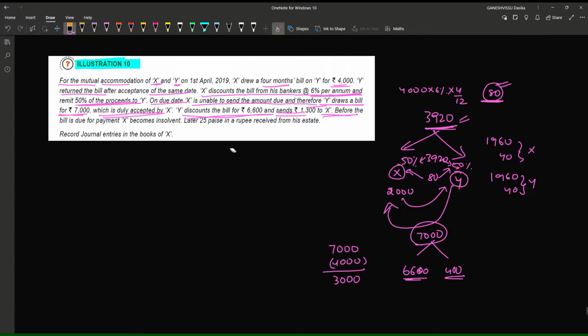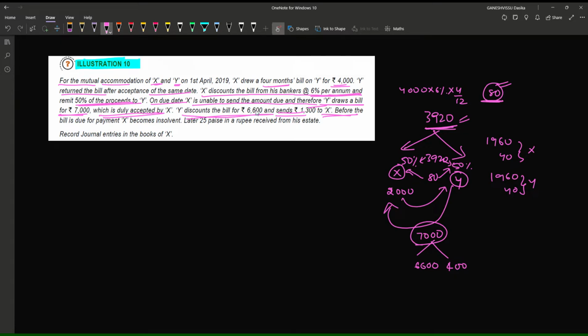let us see once again. Let me give you some clarification. So this is 6600 only. It has been discounted for 6600, and 400 rupees is the discounting charges taken by the bank.